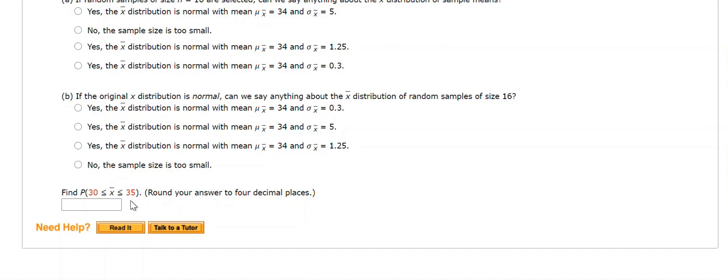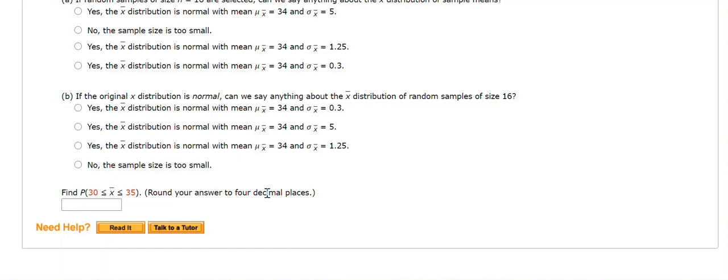So this x bar situation, we have to be careful. This sigma sub x bar is equal to the sigma standard deviation divided by the square root of n, the number of samples. So in this particular case, with the problem that we're looking at, this is x bar.